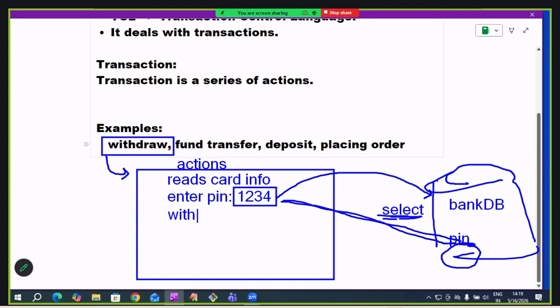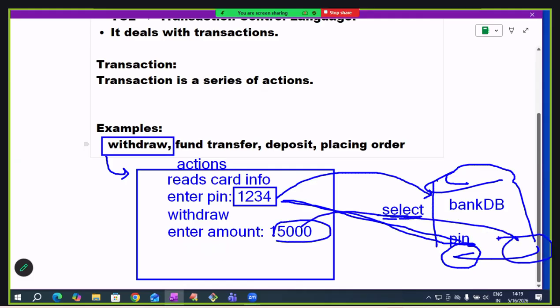You are selecting withdraw option. Immediately it is asking how much amount you want to withdraw. Suppose in your account 10,000 amount is there. You are withdrawing 15,000. Then immediately it gives message as insufficient funds. Means sufficient funds available or not, it is checking. For this also select command will be executed.